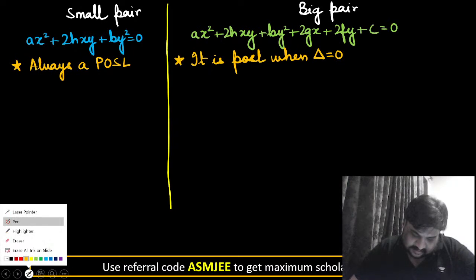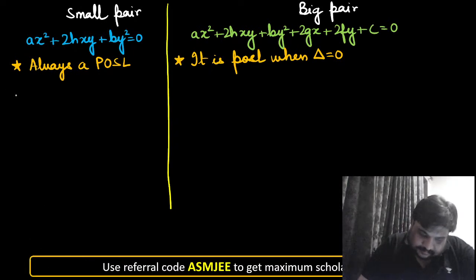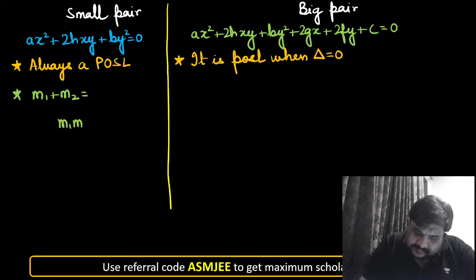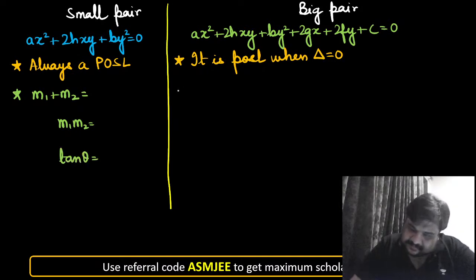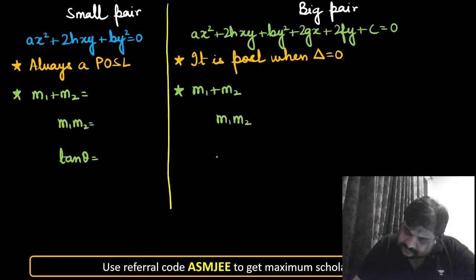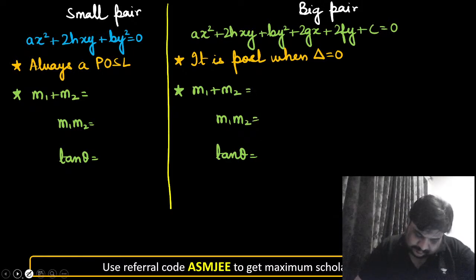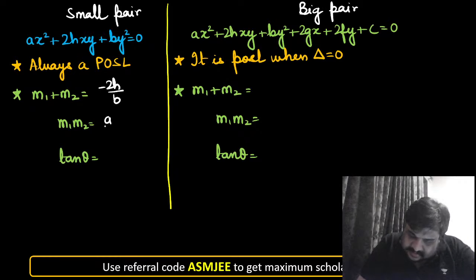Okay. What about this? What is M1 plus M2 here? M1 M2 here, and tan theta here. Same. Both are same. Write it down. This is minus 2h upon b. This is a upon b.